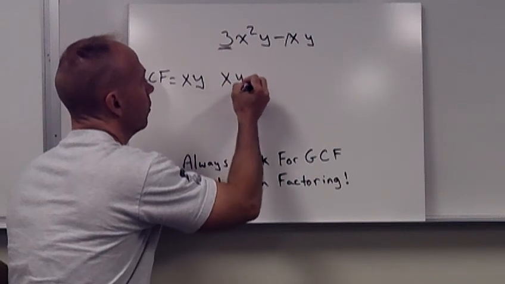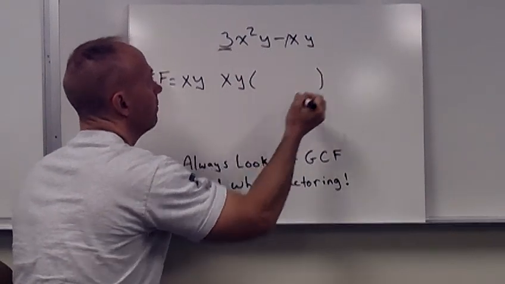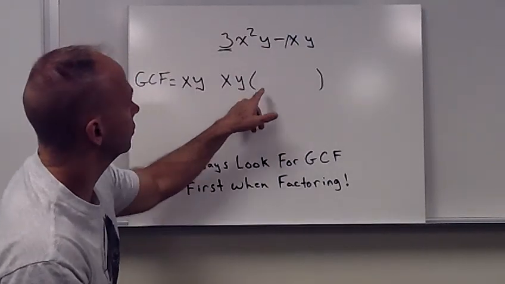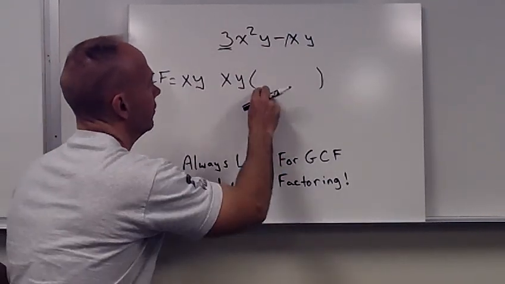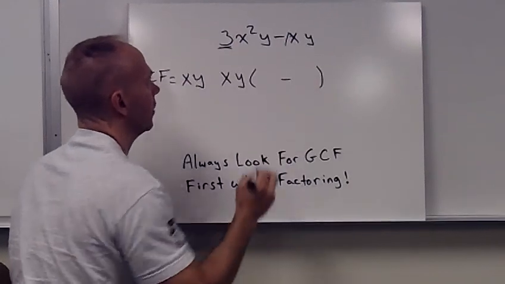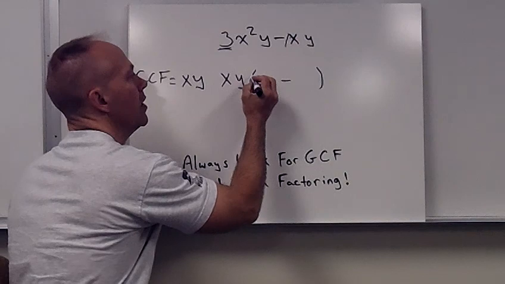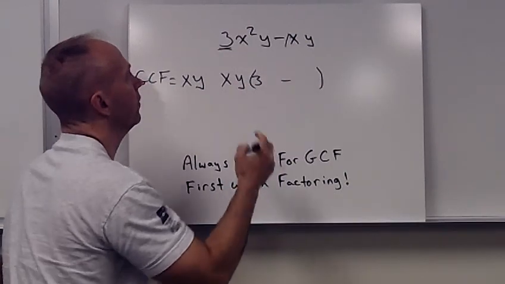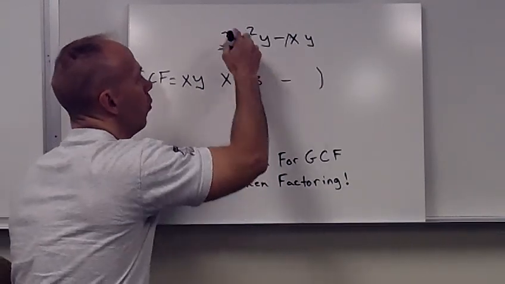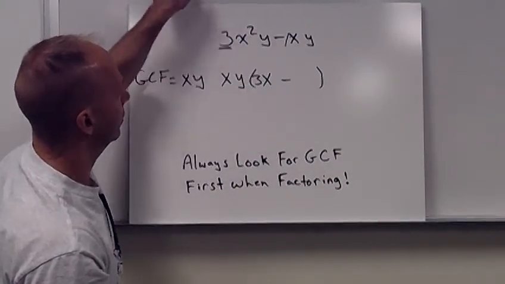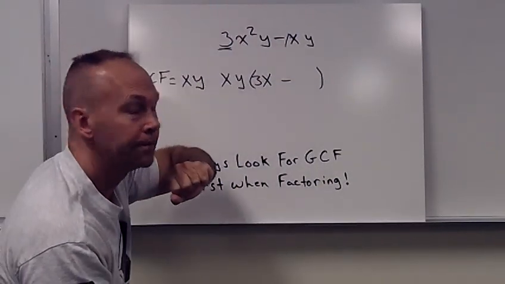So that is what I'm going to pull to the outside. Now, I factored out of a binomial, so there will be a binomial left. I'll have something minus something. Pull an xy out of here. Of course, my 3 is still there. I pull one x out, that leaves 1. And I pulled a y out, so there are no y's left.